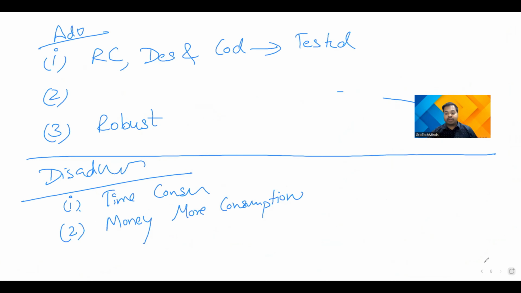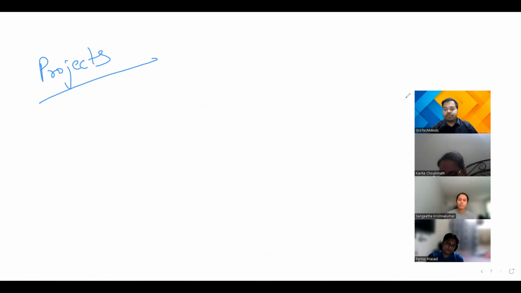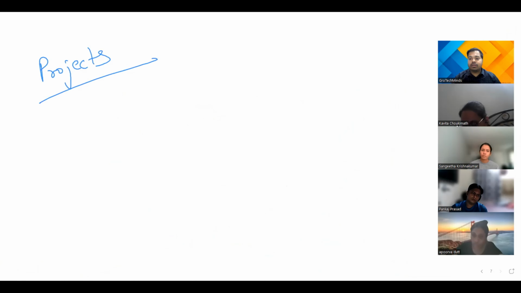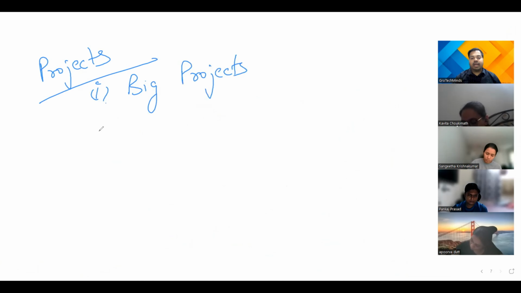Okay, let us discuss for what kind of projects we can go for the V&V model. For big projects, we can go. And we can go for those kind of projects where my customer wants a robust product.